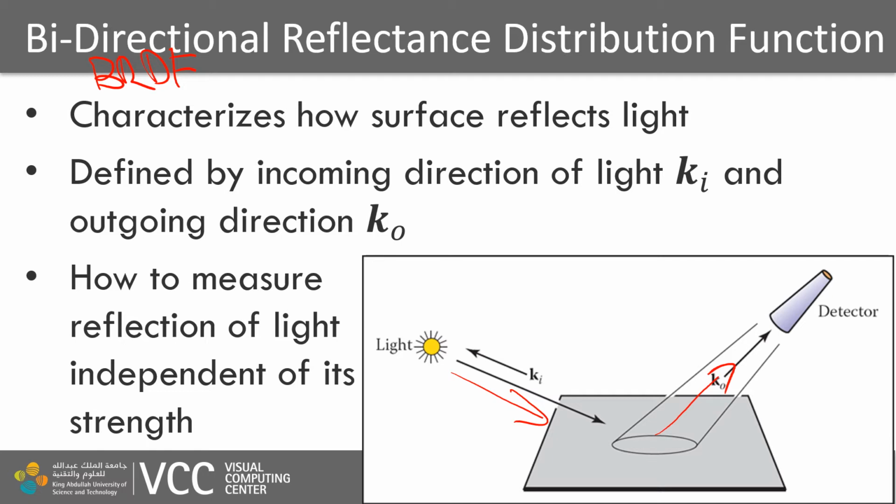This can be measured for a particular material with a goniometer, which is a device that consists of a light source and a detector of the energy, and simply samples, for various angles of outgoing light, how much of the light energy is reflected in that direction. And that then characterizes the particular material.